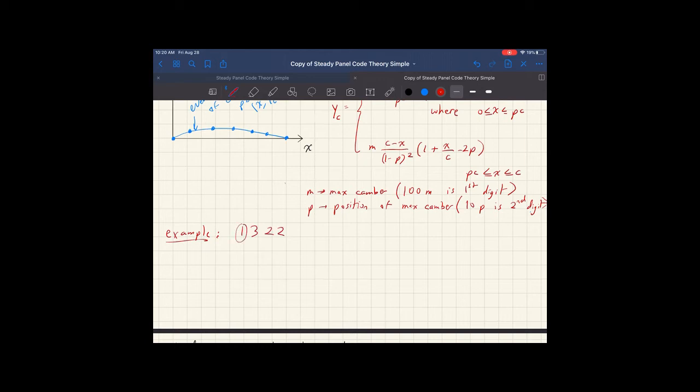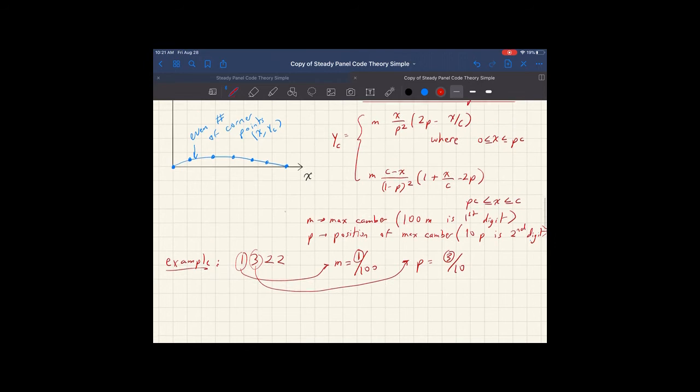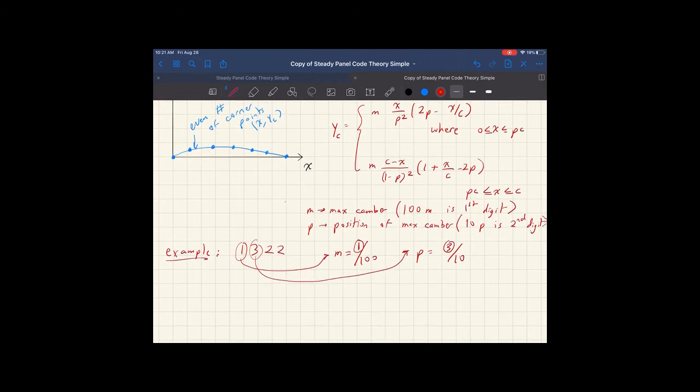The first digit is 1, and thus M, the maximum camber, is that digit divided by 100. The second digit is 3, which means that P, the position of the maximum camber, is 3/10. So you plug M and P into this equation and you can find your camber coordinates given the x positions of your corner points.